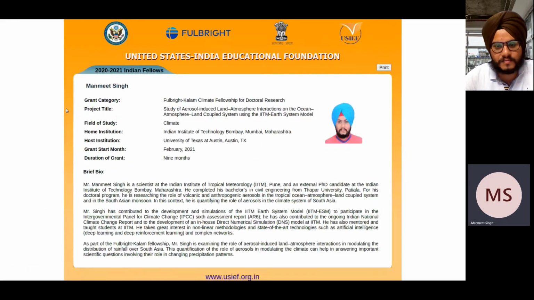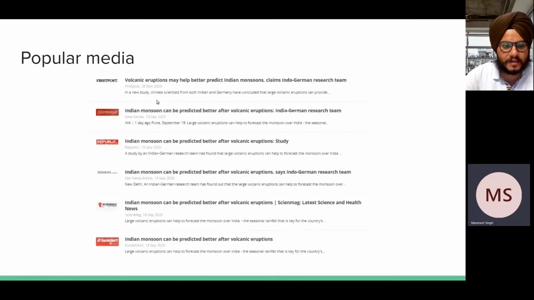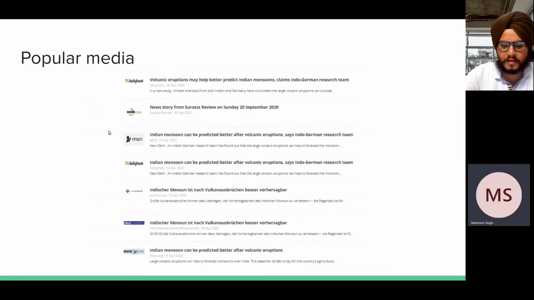A part of this PhD work was conducted at the Jackson School of Geosciences, the University of Texas at Austin, with the land surface group there, and the aerosol land atmosphere interactions work focusing on the South Asian monsoon was performed there. The volcano work has been covered in the popular media by First Post, Republic, Z News, Eureka Alert, and various other popular outlets.